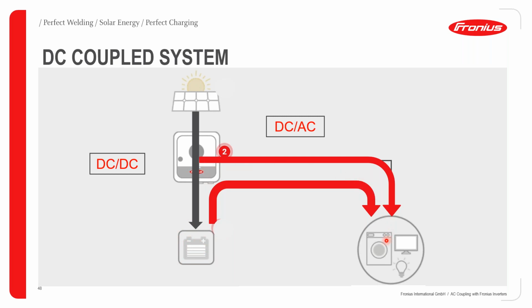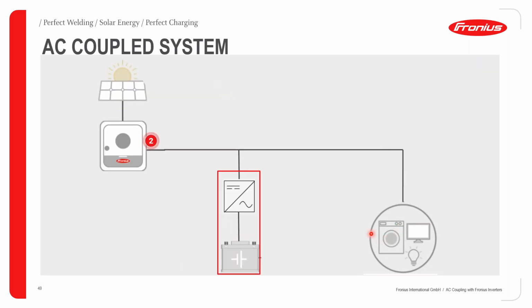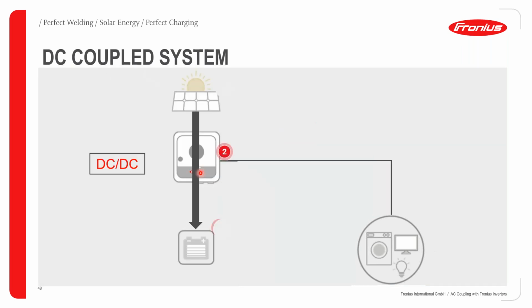Good. Now, going to an AC coupled system, as you can see in this case, the battery isn't connected directly to the PV inverter. So that's how you can basically differentiate between an AC coupled system and a DC coupled system. If we take a step back to the DC coupled system, we can see that the battery is directly connected to the inverter on the same DC line.